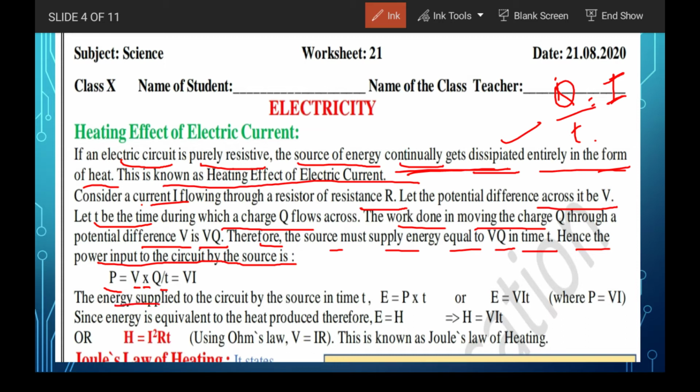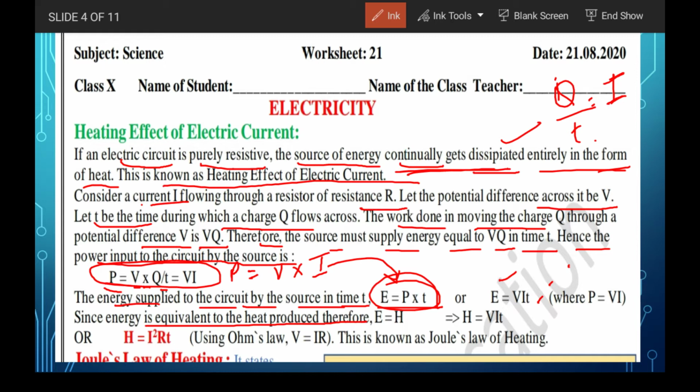Now the energy supplied to the circuit by the source in the time t is E = P into t. This is important. From here we got P = V into I. Now putting the value of P in it, we get E = VIt. Since energy is equivalent to the heat produced, E = H, as it is the heating effect of the current.